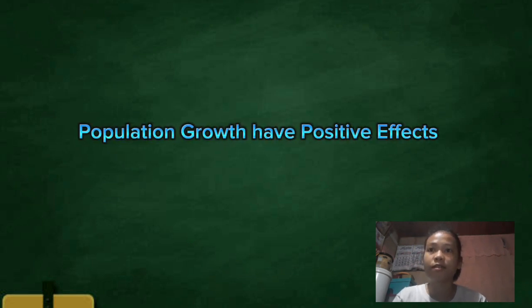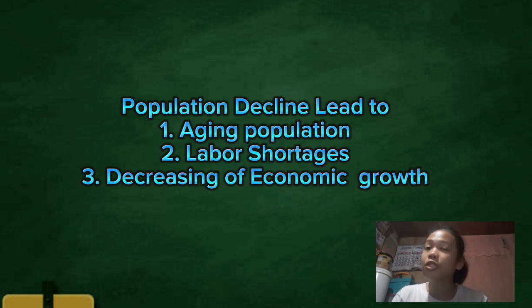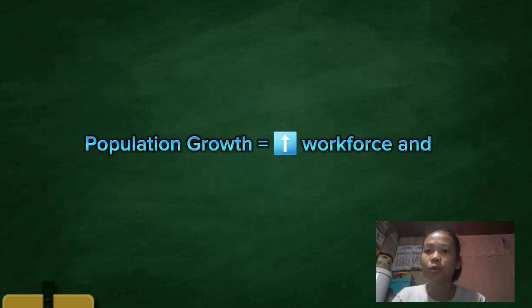Population growth can have positive effects. On the other hand, population decline can lead to an aging population, labor shortages, and decreased economic growth. The positive effects of population growth are an increase in workforce and economic growth.